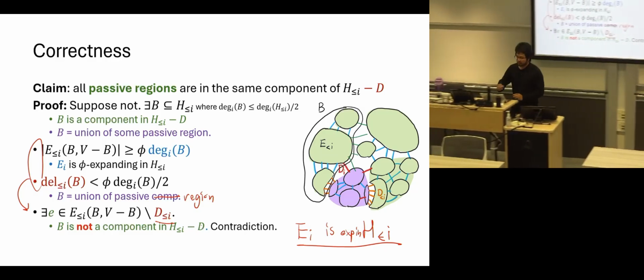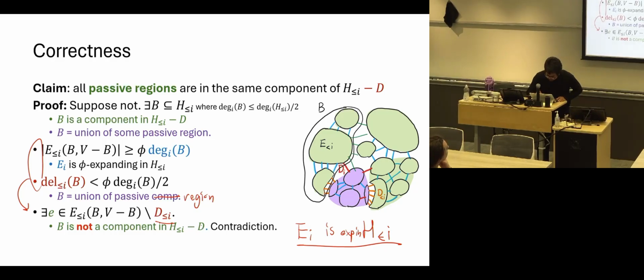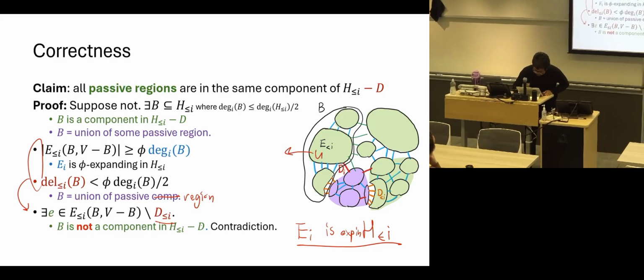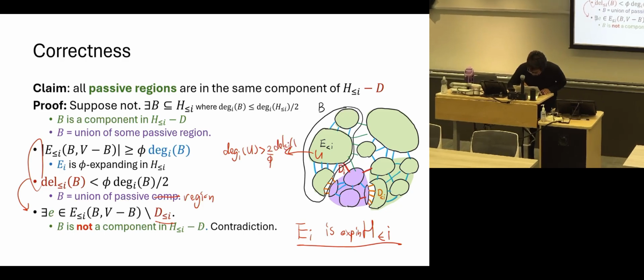Right? Because if U is passive, then you know from the definition that degree i of U is big compared to 2/5 degree of delete at most i of U.